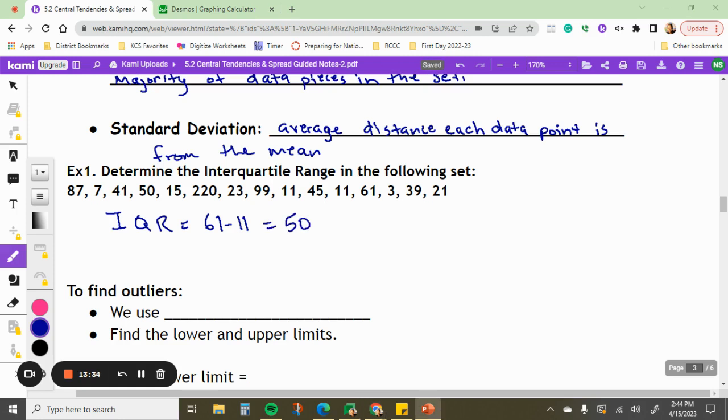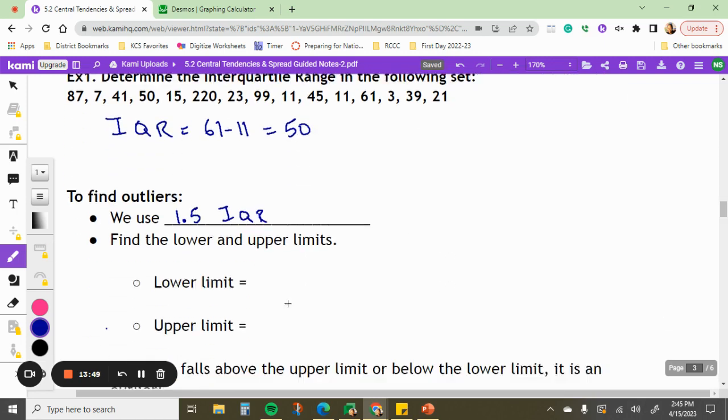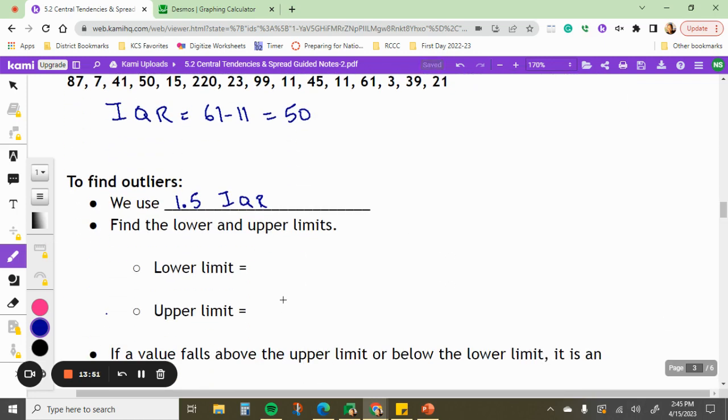Now, to find outliers, we're going to use a 1.5 IQR rule. Once we find the upper and lower limits, we're going to find them using 1.5 times the IQR. So 1.5 times 50 is giving us 75.